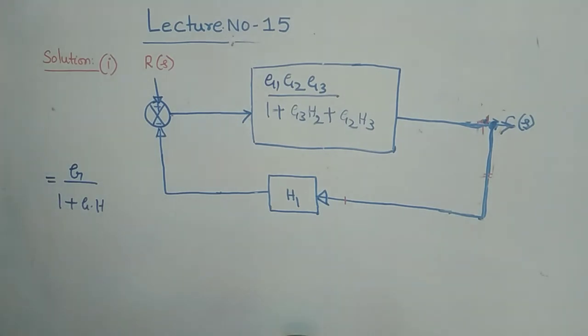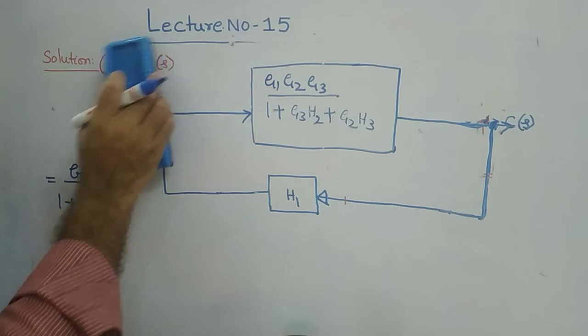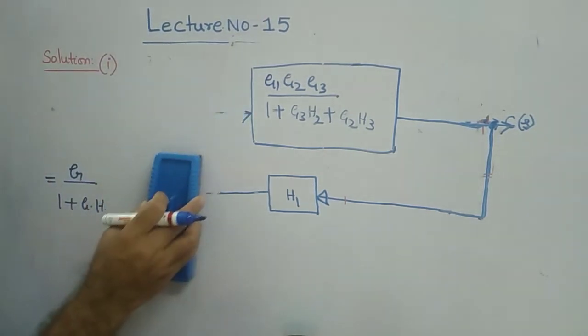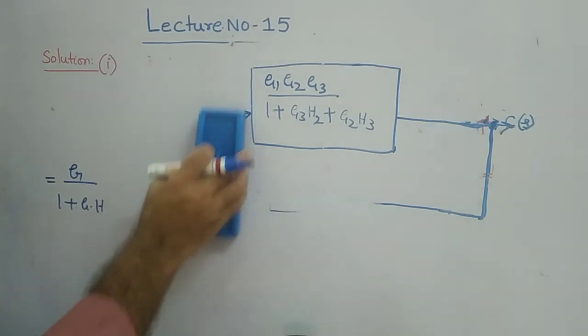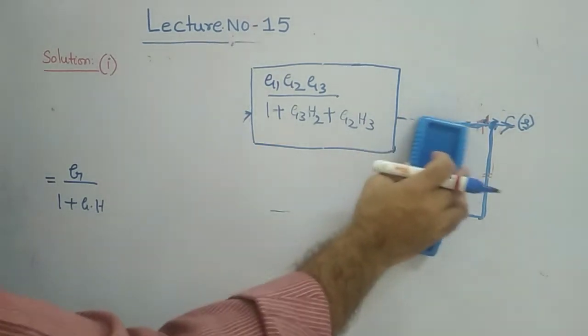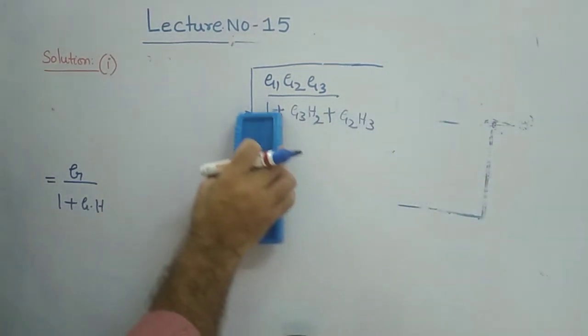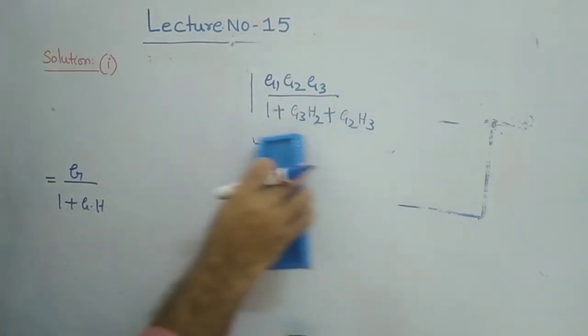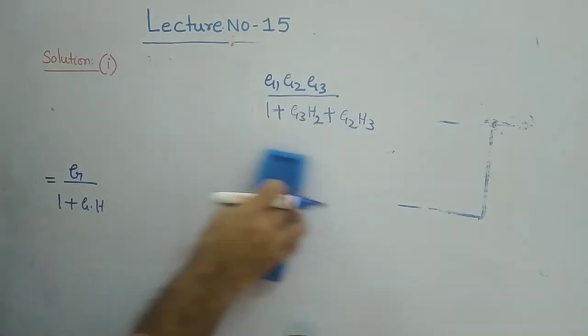Therefore I can erase this and finally I can simplify, and you can just keep this quantity as it is for simplification.